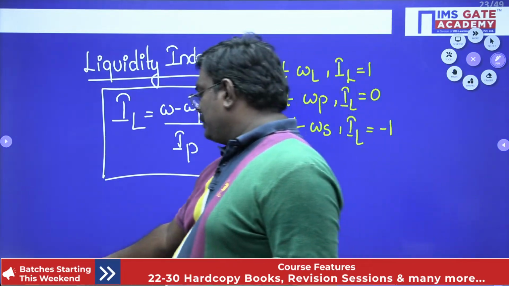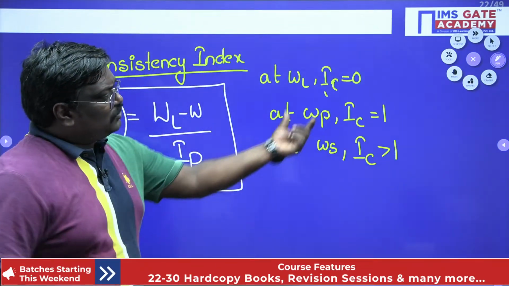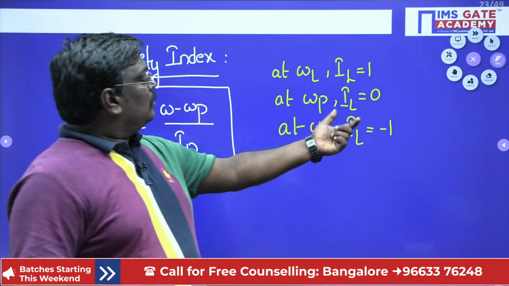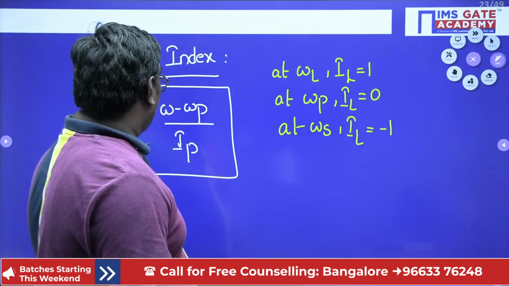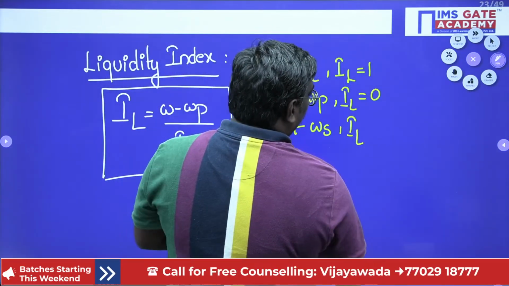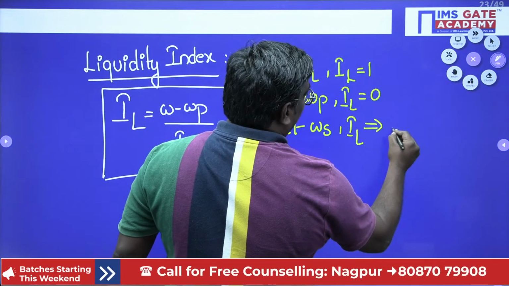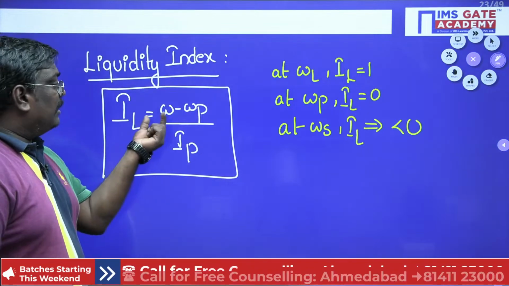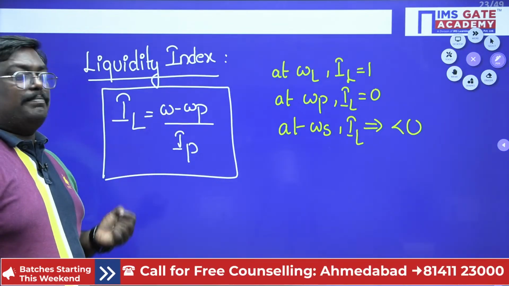Observe the values of consistency: 0, 1, greater than 1. And here 1, 0, and you should not write minus 1. It should be less than 0, because it is a negative value. That is because the shrinkage limit is less than the plastic limit.